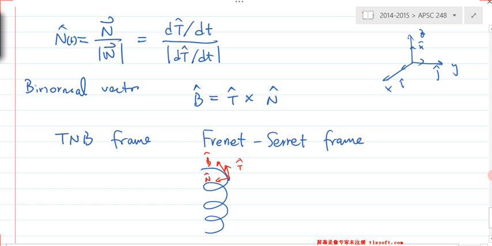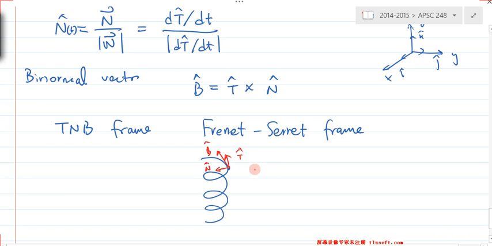Now imagine I have a robot with a tool frame. I want my robot not just to follow the trajectory, but also I want the tool frame to follow a certain orientation, for example, to follow this TNB frame. You visualize that, right?